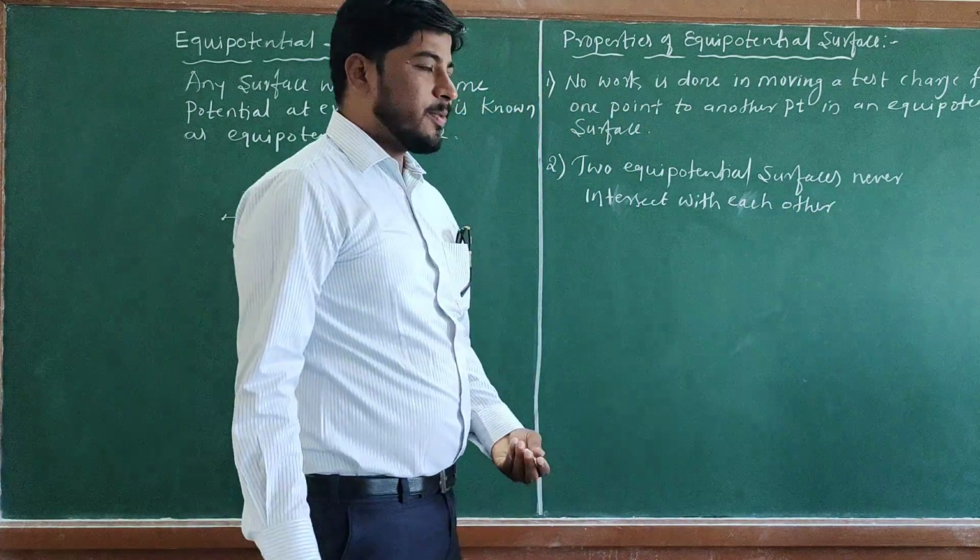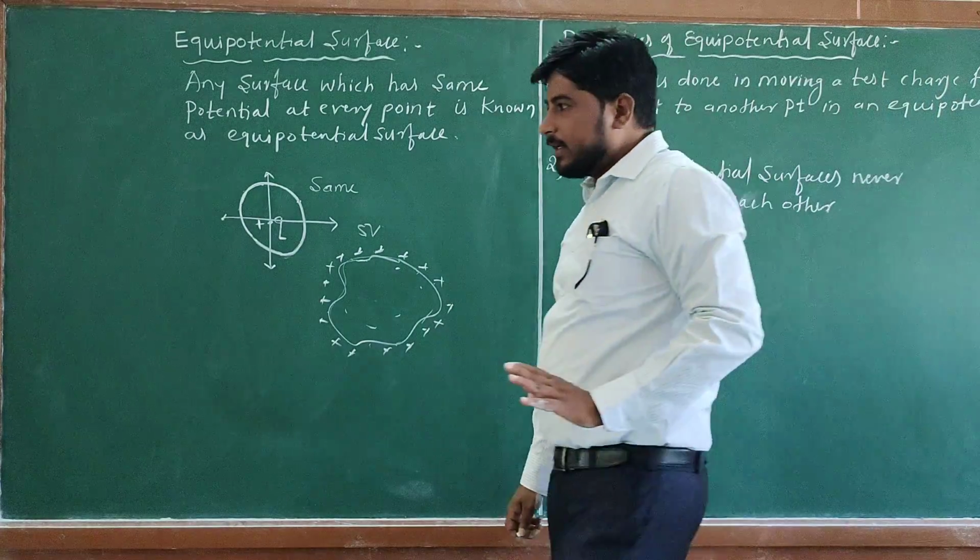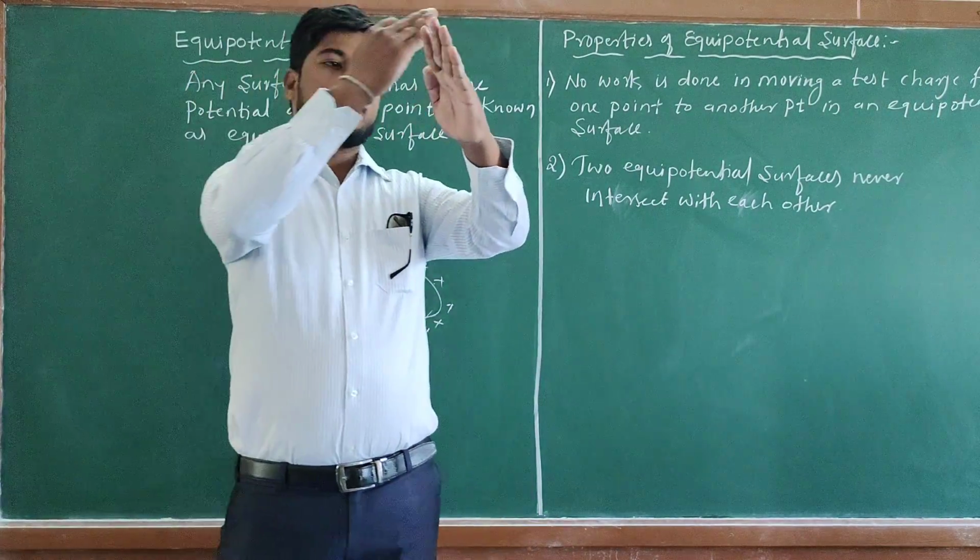No two equipotential surfaces intersect with each other. We cannot say that two equipotential surfaces cross each other.